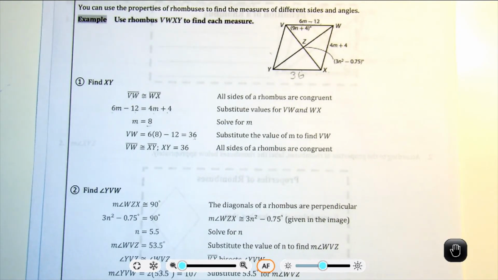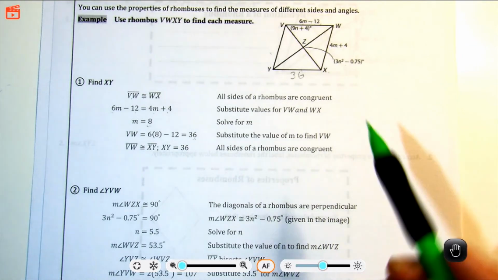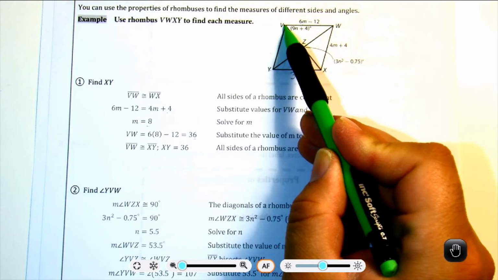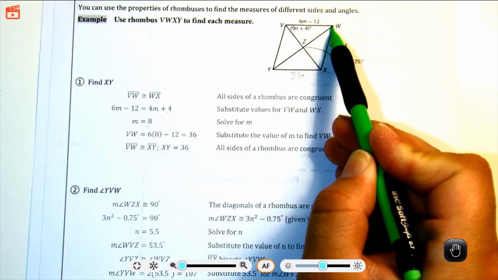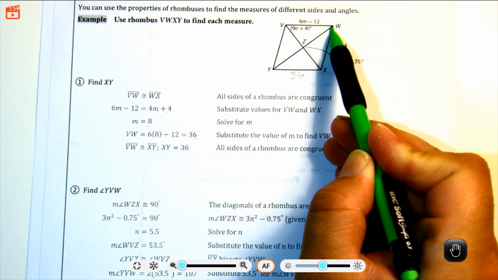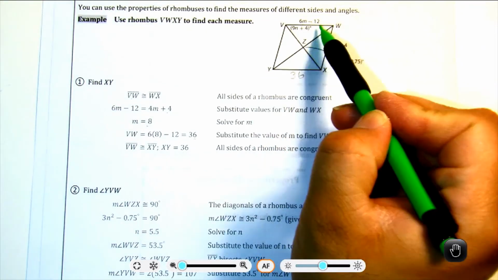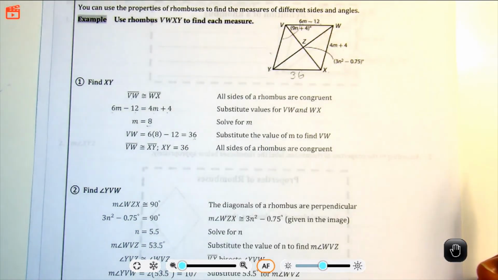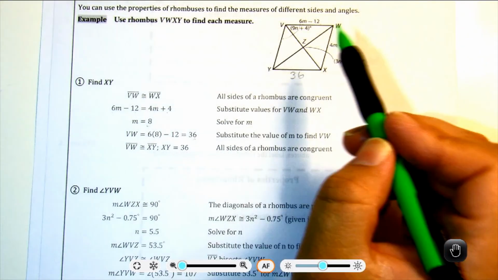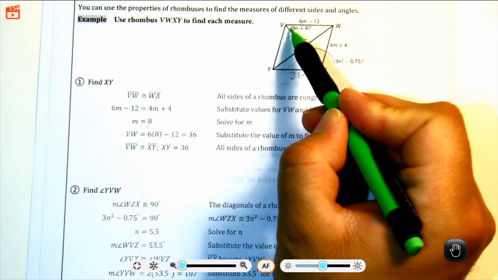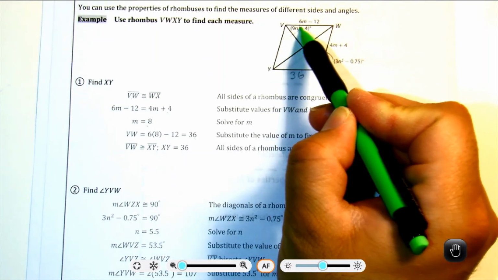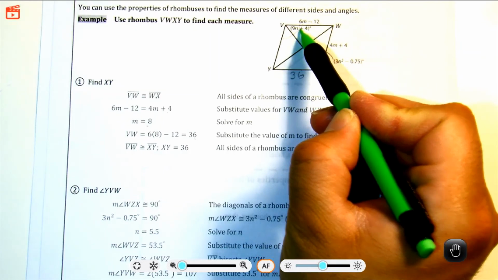So angle YVW. Now, angle YVW is this combined angle. And remember that diagonals in a rhombus bisect the angle. So if we know what this angle is, that also gives us this angle. And then we could find the combined angle.